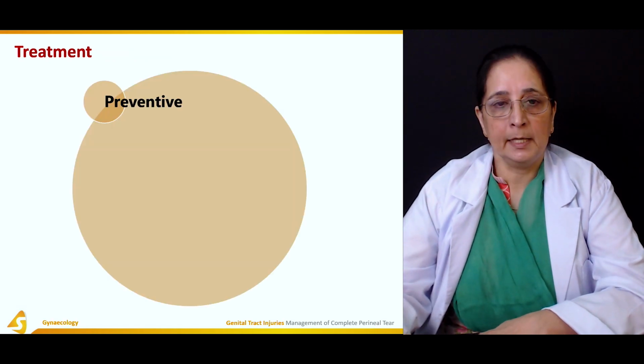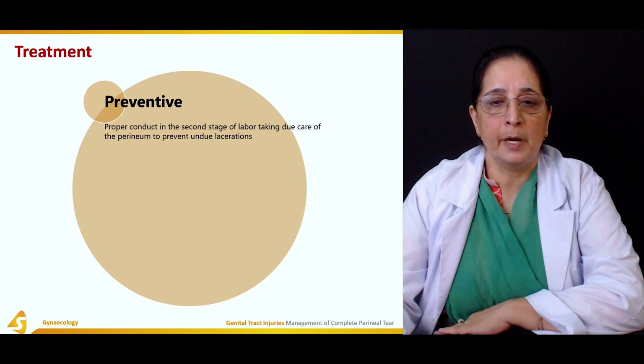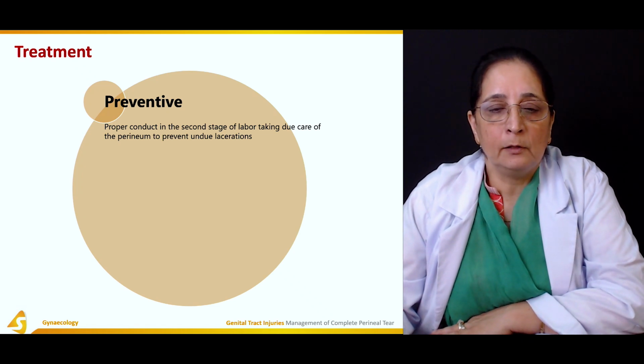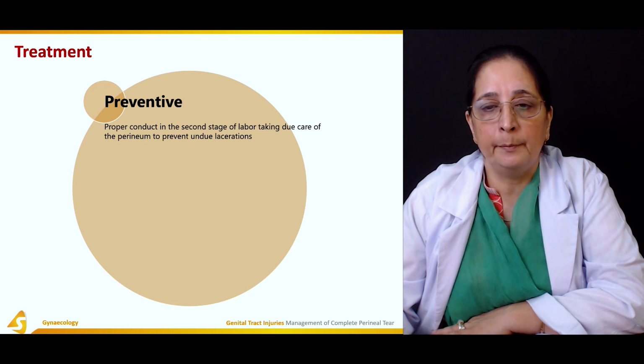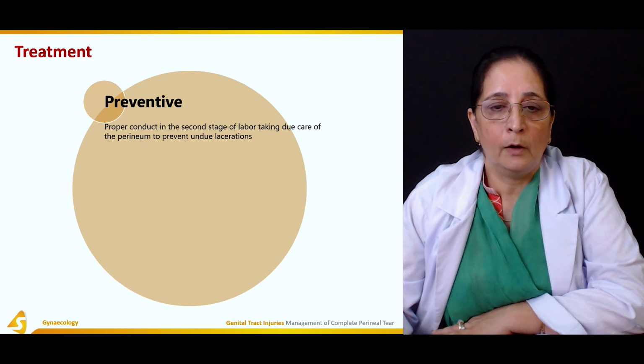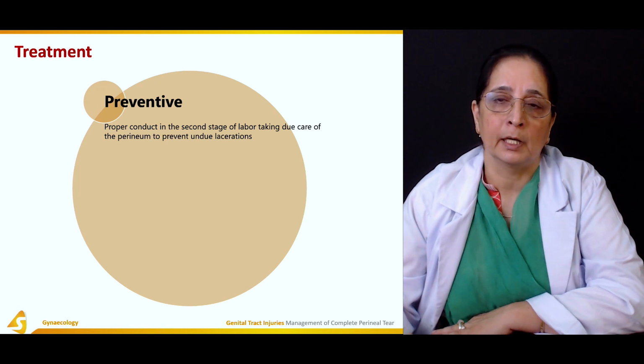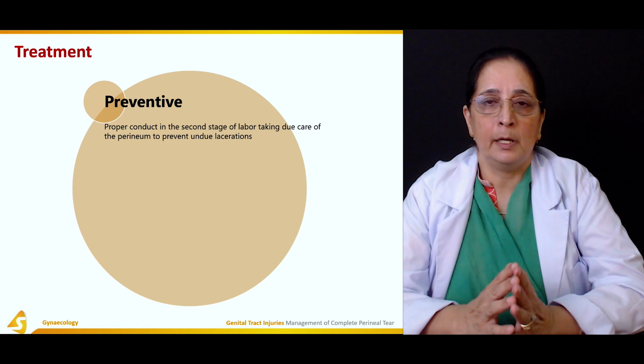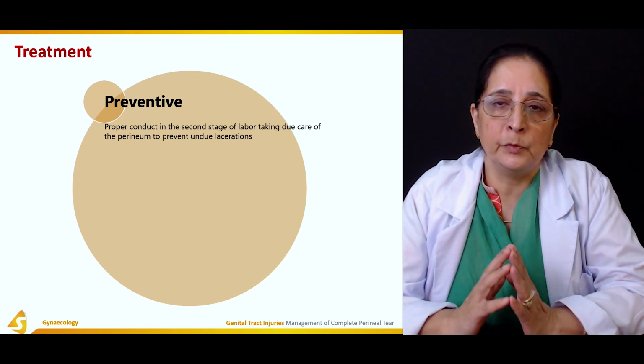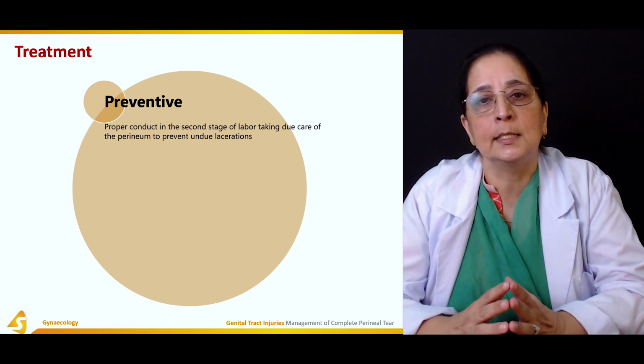So the treatment is preventive treatment. Preventive treatment includes proper conduct in the second stage of labor, taking due care of the perineum to prevent undue laceration. In the second stage of labor, it is very important to make the quick and right decision.